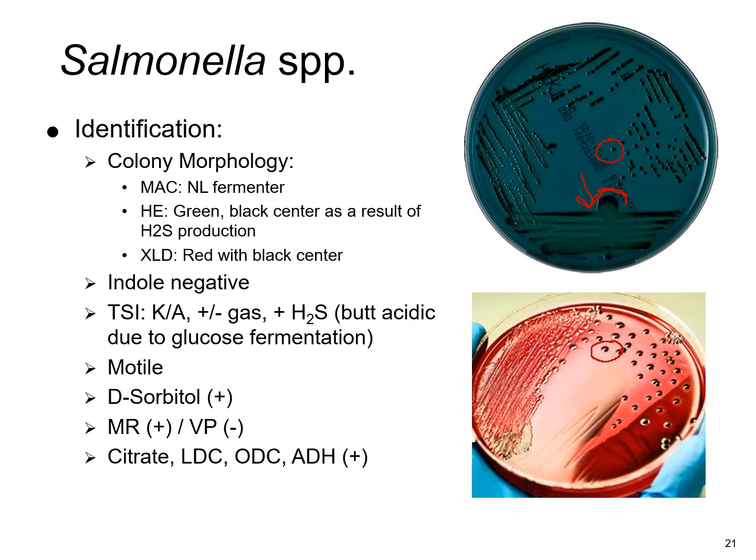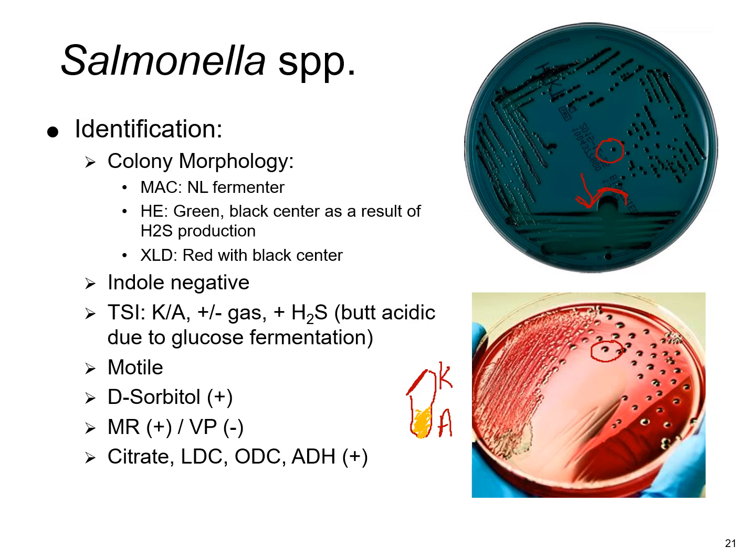If you were to do the triple sugar iron agar, then these organisms would produce an alkaline slant and an acid butt. So if you were looking in the tube, you would have alkaline here, acid here, and typically with most of these media, if the organism was acid, then it would produce a yellow color in the bottom of the butt.